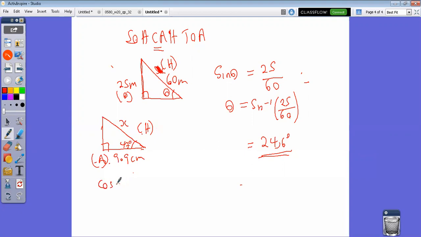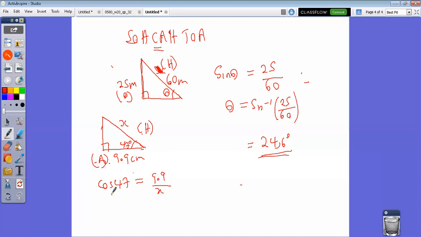So cos 47, this time I'm given the angle, can you see that, is equal to adjacent over the longest side. So it's 9.9 divided by x.